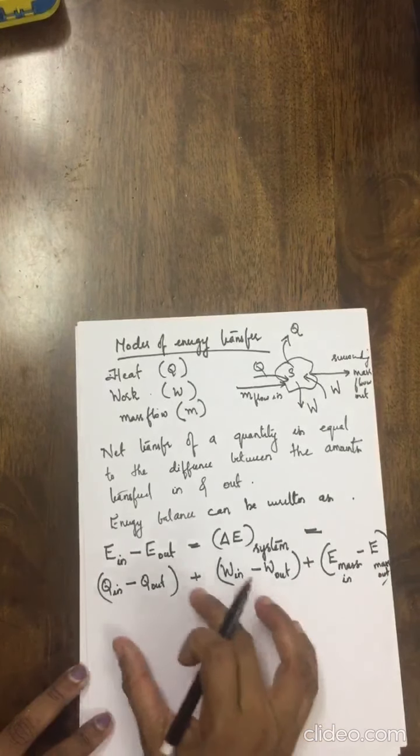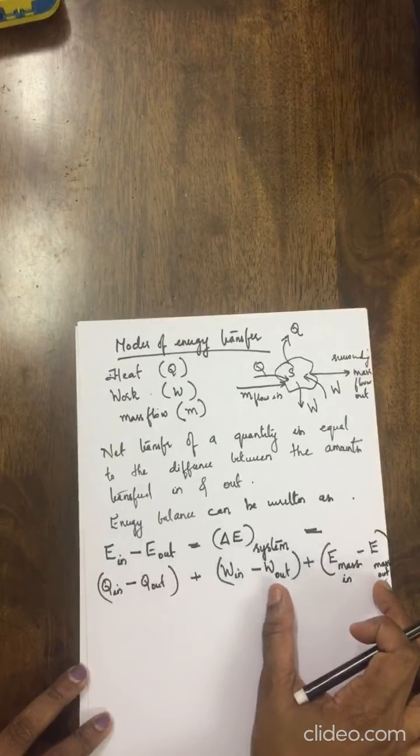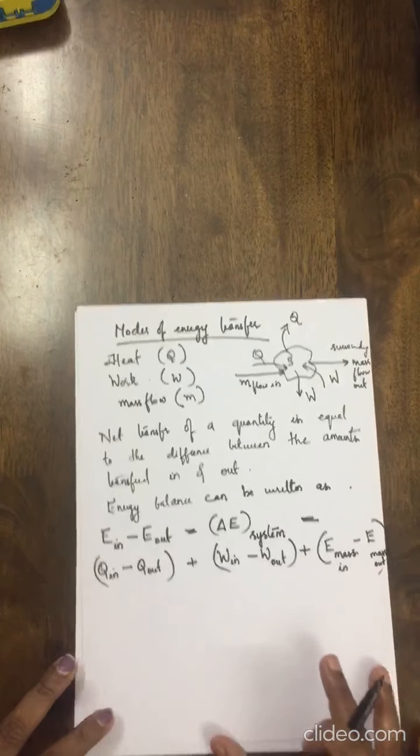So these are the 3 modes of energy interactions between the system and the surroundings.